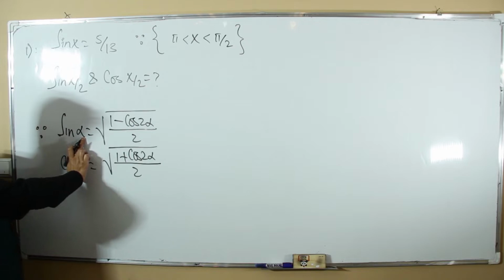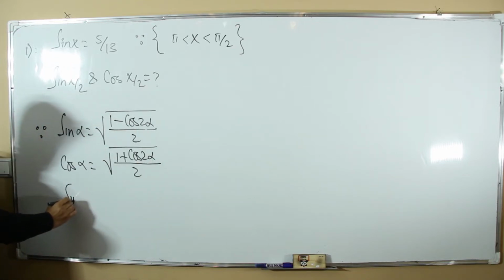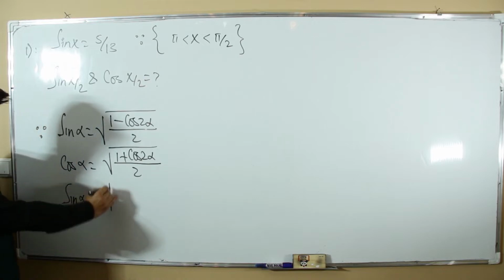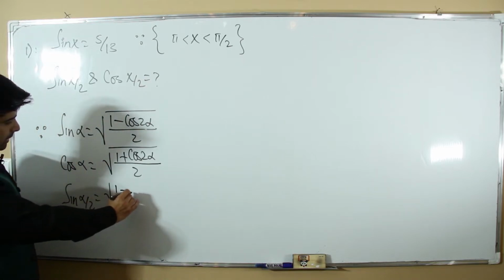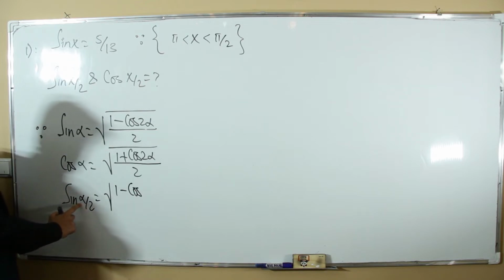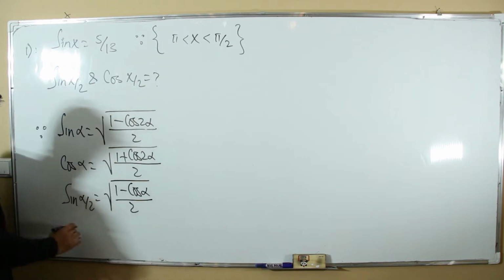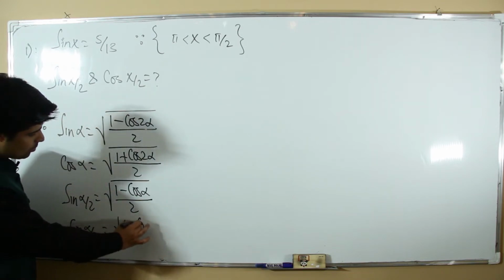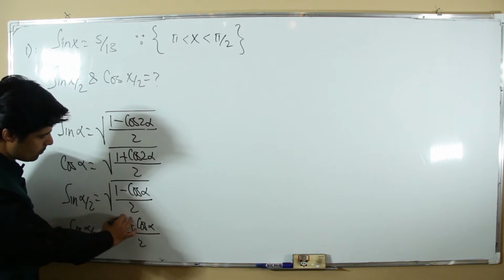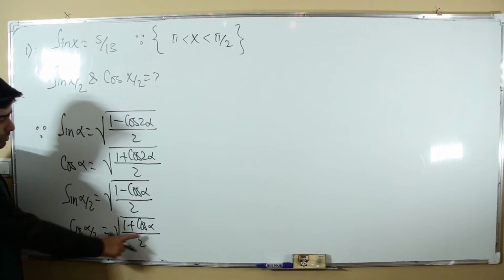If this one is alpha by 2, this one is alpha. So sine of alpha by 2, with cosine, we know 1 minus cosine of 2 times this one, which is alpha by 2. And cosine of alpha by 2 is 1 plus cosine of alpha divided by 2. If this one is x by 2, this is x.